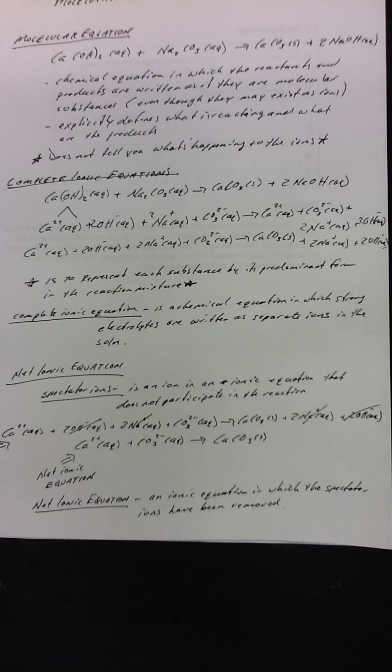Similarly, the strong electrolyte potassium carbonate dissolves readily in water to provide a source of carbonate anions. Again, according to the solubility rules, potassium carbonate is soluble, so it goes into solution as potassium and carbonate ions. When you mix a solution of these two compounds, you obtain a solution of calcium ions and carbonate ions, which react to form the insoluble calcium carbonate. The other product is potassium nitrate, which is a soluble ionic compound and therefore a strong electrolyte.